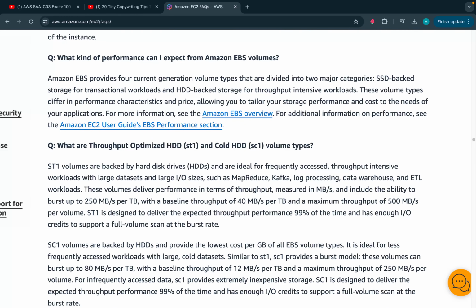What are throughput optimized HDD, ST1 and cold HDD volume types? ST1 volumes are backed by hard disk HDD and ideal for frequently accessed throughput intensive workloads with large datasets and large IO sizes, such as MapReduce, Kafka, log processing, data warehousing, and ETL workloads.